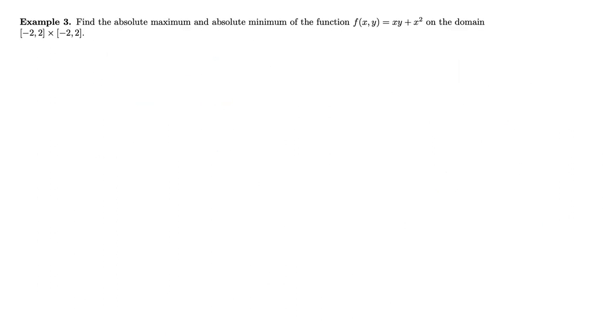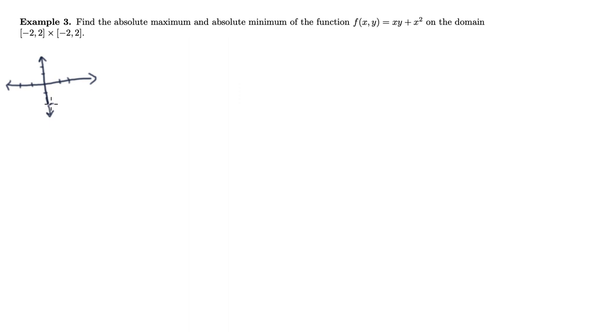Okay, so we have this function, and we have this domain. And now what is this domain? Well, it's going to be a rectangle. And notice that it is indeed closed and bounded. And also that this function is continuous.